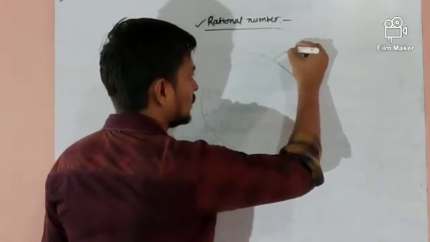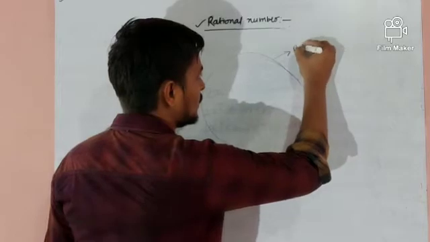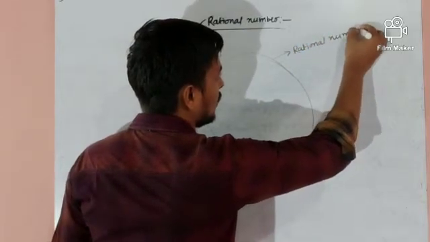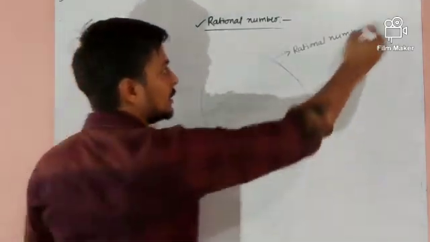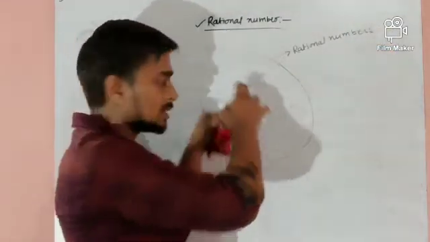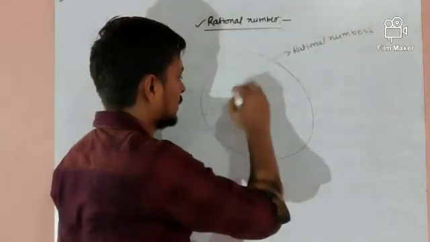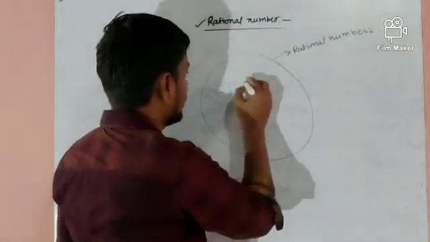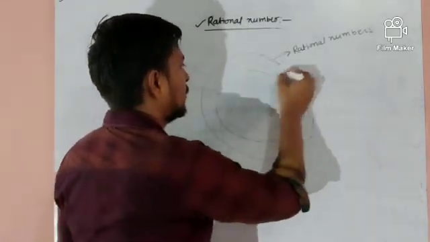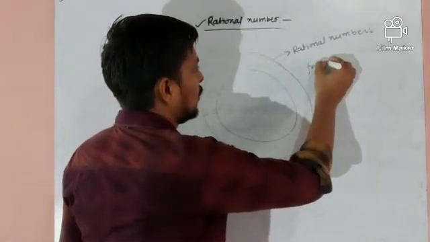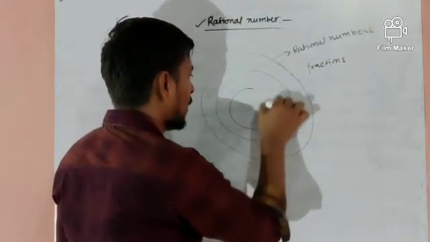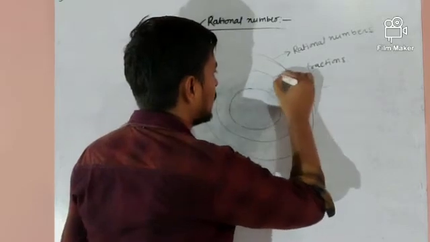Now one thing we will do. This is the larger circle representing rational numbers, right? Rational numbers. Now inside this larger circle, inside this the things will be fractions. Fractions. Now inside this is what?